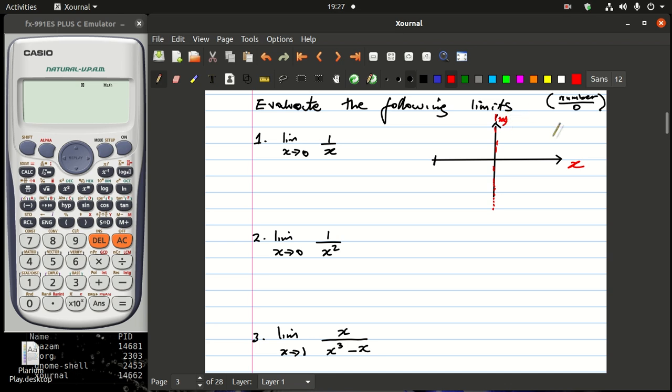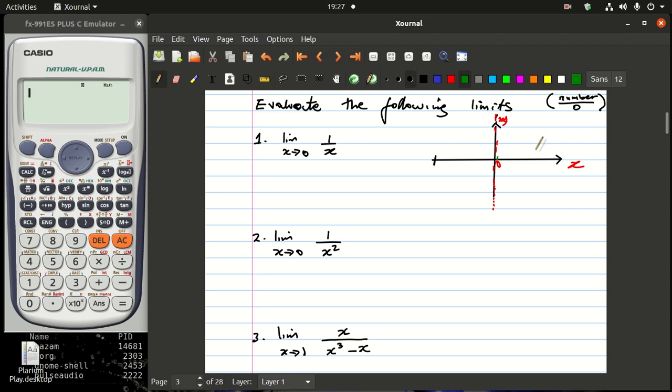Now, after you have drawn the Cartesian plane and the vertical asymptote at x equal to this value, remember that here we have a 0. You pick a value so close to 0 such that the calculator is not going to figure out what just happened here, and then you plug that value into this function.